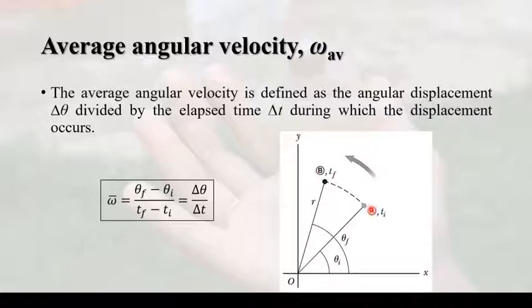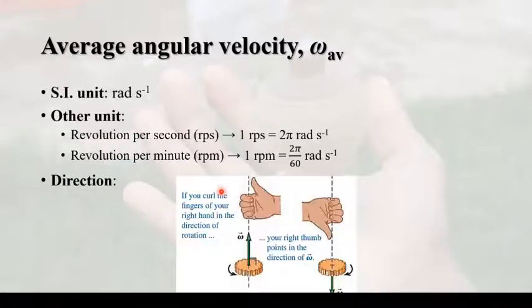You can see the object has traveled from one point to another point. So average angular velocity is equal to final angular displacement minus initial angular displacement divided by the time taken to travel from initial point to final point. So the equation is delta theta over delta t.